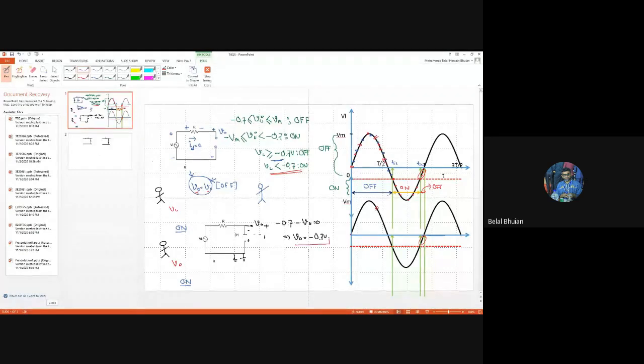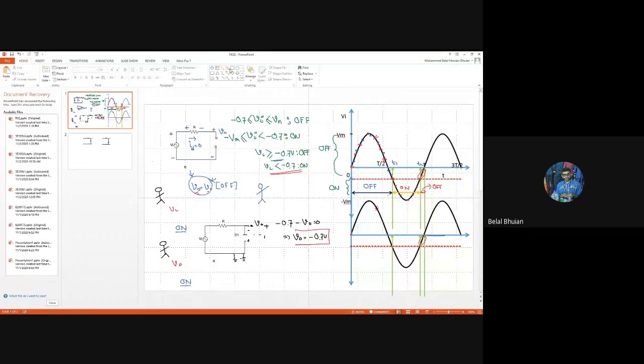V naught is equal to minus 0.7. So when the diode is on, output voltage will be simply minus 0.7, fixed. And how can we obtain it? We can obtain it this way.